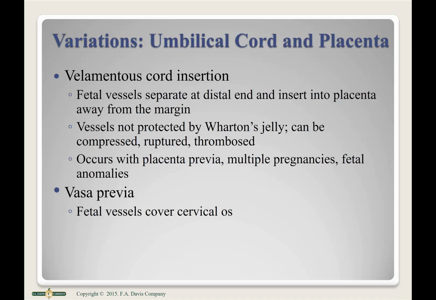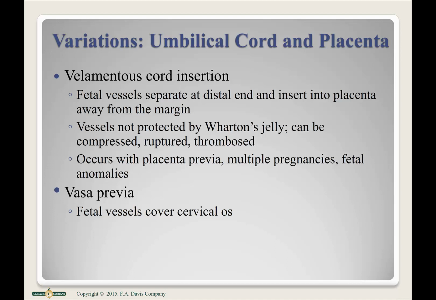Okay, so within that umbilical cord is this substance called Wharton's jelly. This is a gelatinous substance that cushions the vessels in the cord, kind of like the amniotic fluid does in the uterus.